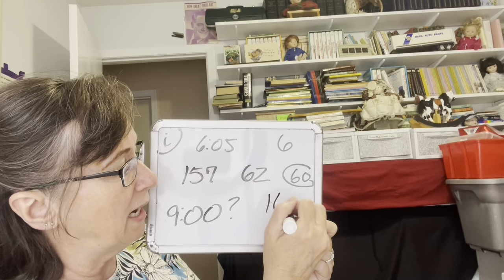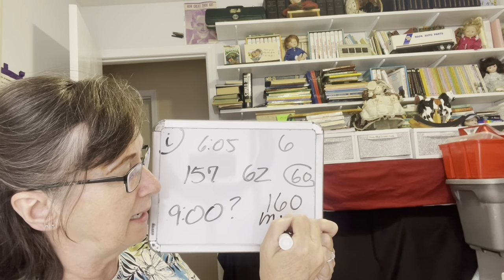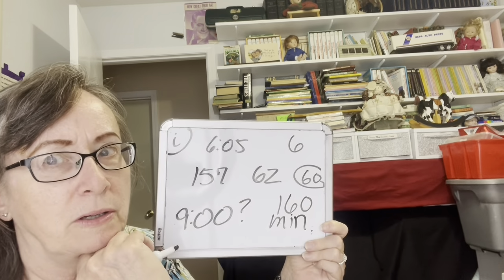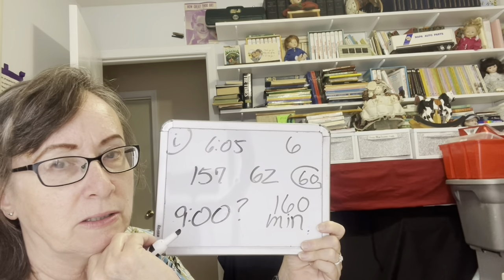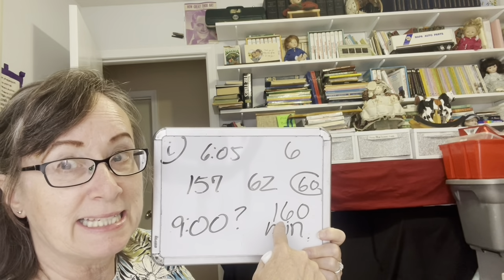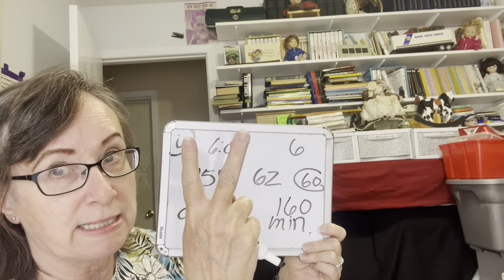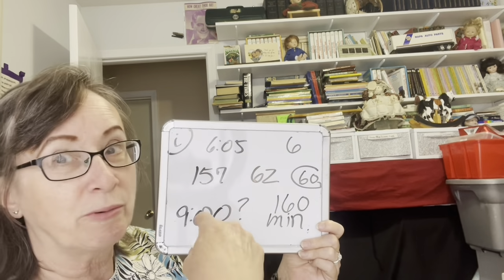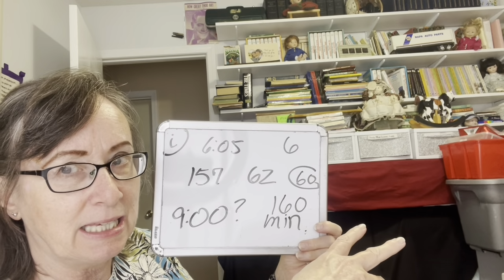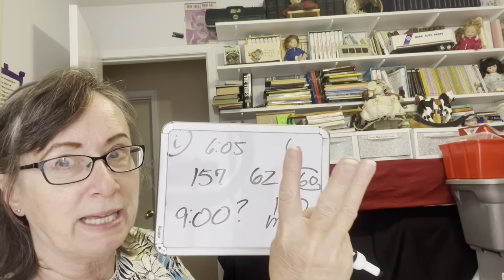So 160 minutes. Now, how many minutes in an hour? How many times does 60 go into 160? We know 2 60s is 120, and 3 60s would be 180. 180 would be 3 hours.